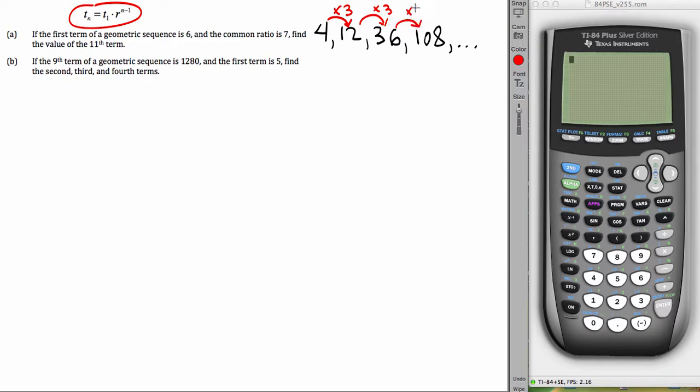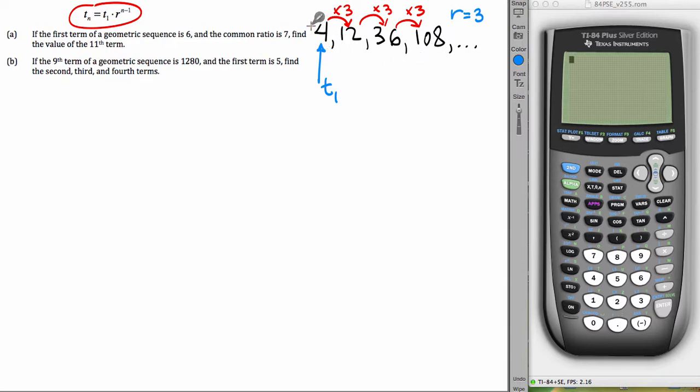Now, to become a little bit familiar with the notation, it's kind of obvious. The 4 is term number 1, so that's T sub 1. The value that you multiply by each time is referred to as the common ratio, and it has a value r equal to 3 in this example.